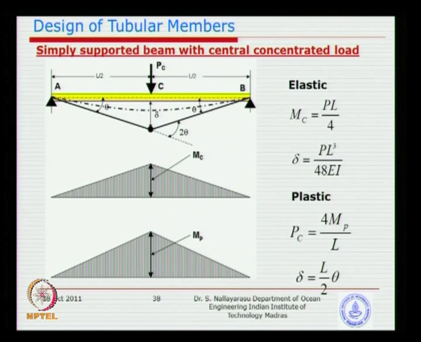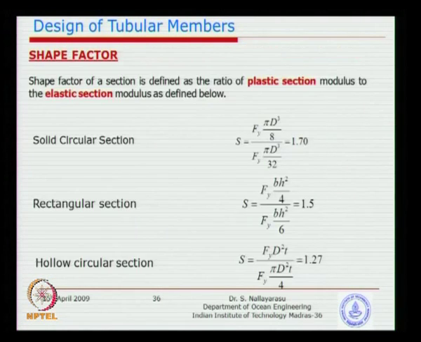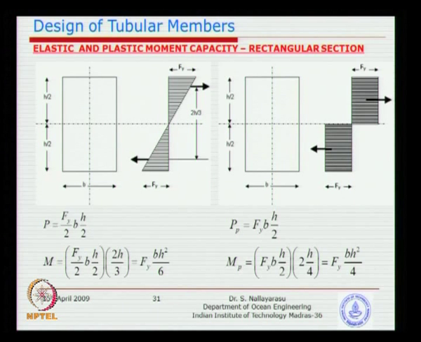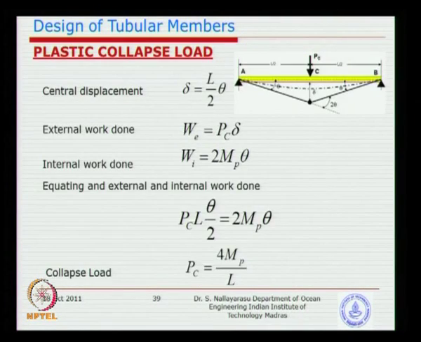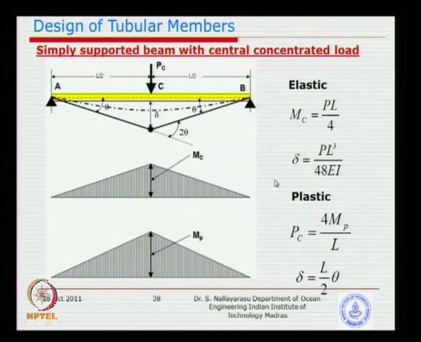times the collapse capacity. That MP is nothing but the capacity that you have already calculated using the various principles we discussed in the last class. For example, for a rectangular section, MP is calculated as Fy times b h square by 4. So, you substitute that in this formula, and you will get the amount of load the beam will take before collapsing.